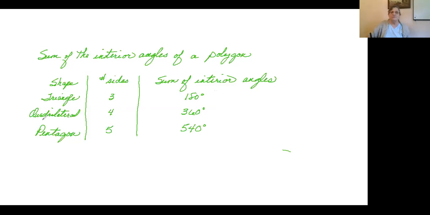But that actually goes for all quadrilaterals. Even a trapezoid or a parallelogram, the interior angles, 1, 2, 3, 4, will still add up to 360 degrees. With a pentagon, which has 5 sides, it adds up to 540 degrees.